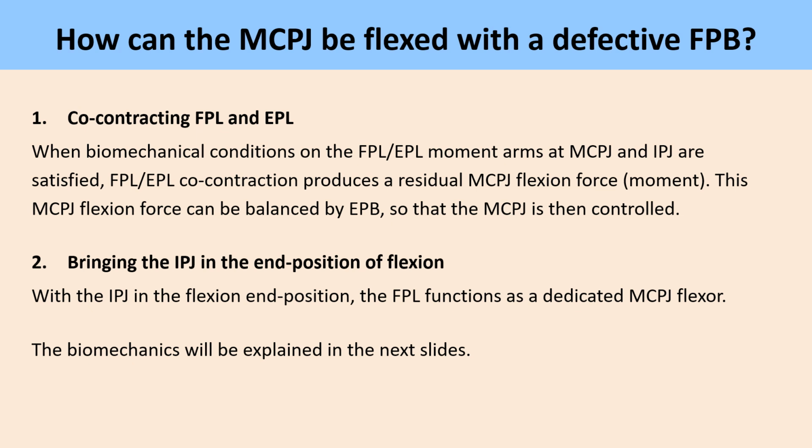This MCP joint flexion force can be balanced by the extensor pollicis brevis, so that the MCP joint is then controlled. The other possibility is bringing the IP joint in the end position of flexion. With the IP joint in the flexion end position, the flexor pollicis longus functions as a dedicated MCP joint flexor. The biomechanics will be explained in the next slides.